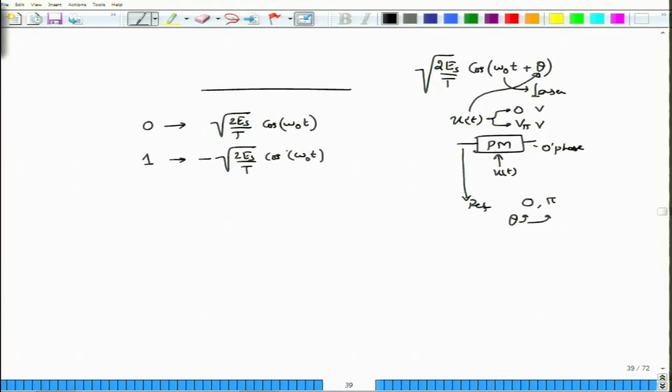But you can express these carrier waveforms by first defining square root of 2 by T cos omega 0 t as the basis function phi 1 of t, and in terms of this basis function, the 0 symbol, which let us say is S0, and S1, okay, S0 equals 0, S1 equals 1, these are the waveforms that correspond to the symbols. This would have a constellation point which is given by square root Es. This one will have a constellation point given by minus square root Es.